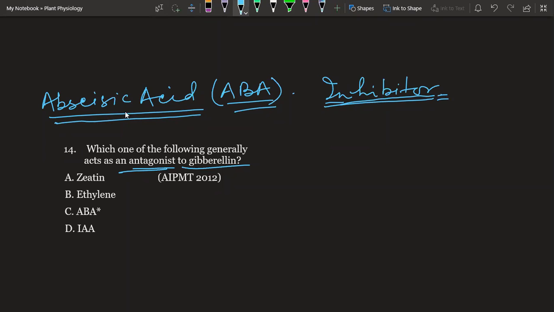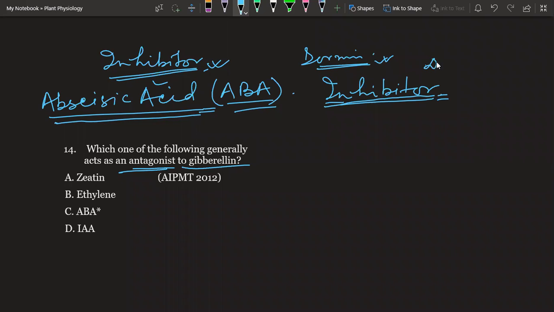When it was discovered, it was discovered as an inhibitor. One was discovered as dormin, which promotes dormancy, that is, it suppresses seed germination.